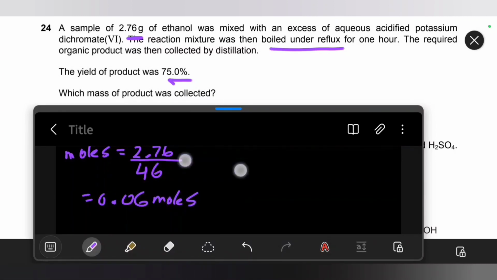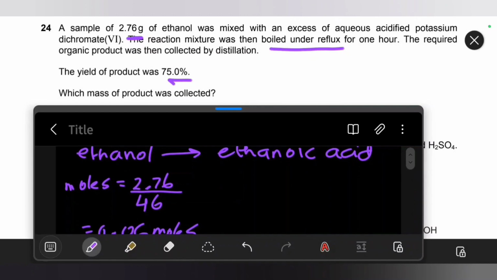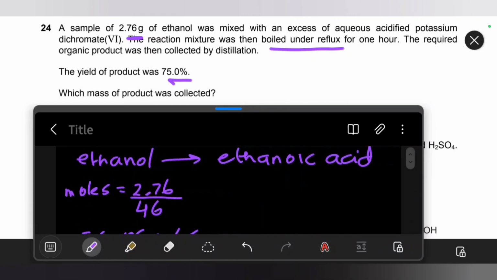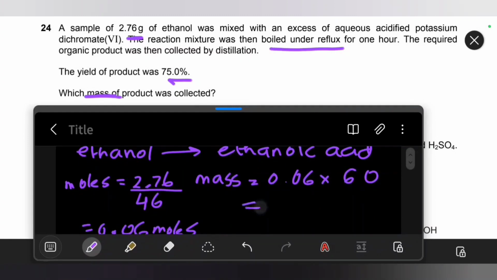So we know the moles of ethanol. We can use it to find the mass of ethanoic acid, since we ultimately need that here. For mass, we know the moles, 0.06. Mr of ethanoic acid is 60, and hence the mass would become 3.6 gram.